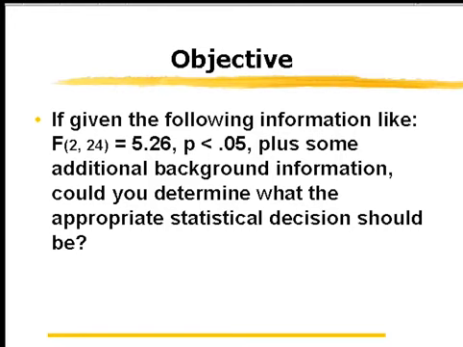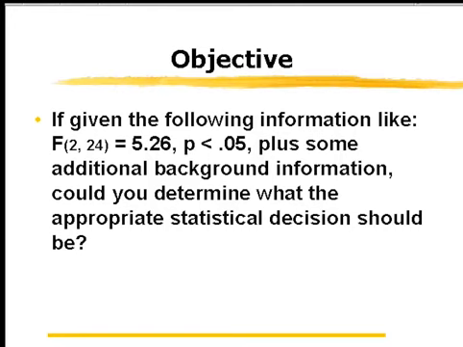So take a minute and think about this. If you were given the information F2, 24, which is the degrees of freedom, the 2 is what is in the numerator, and the 24 is what was in the denominator, is equal to 5.26, and the probability then was less than 0.05, what would your conclusion be with regard to the statistical decision?